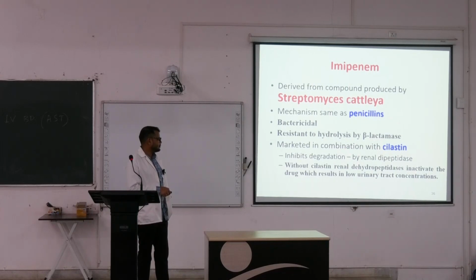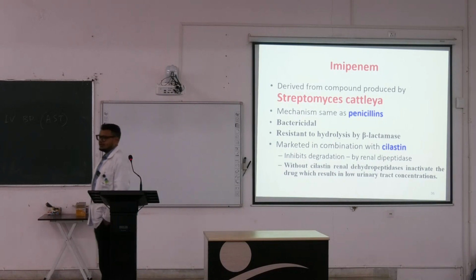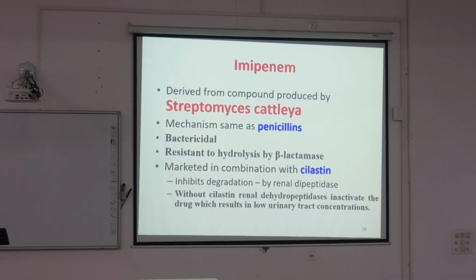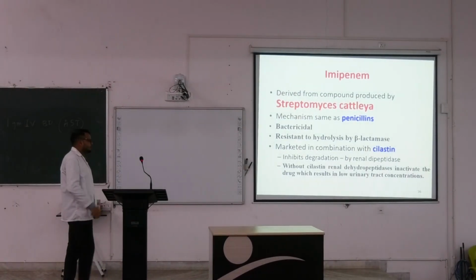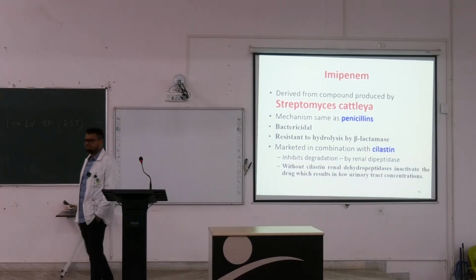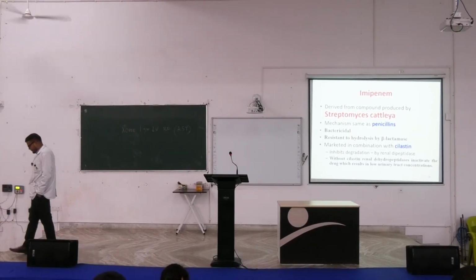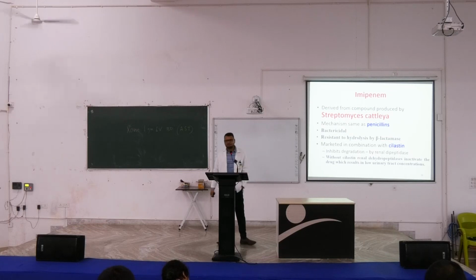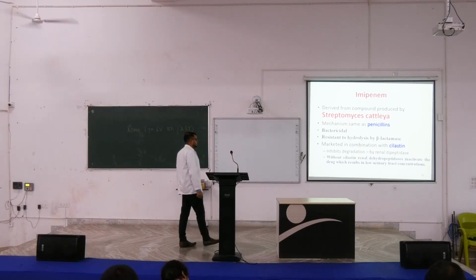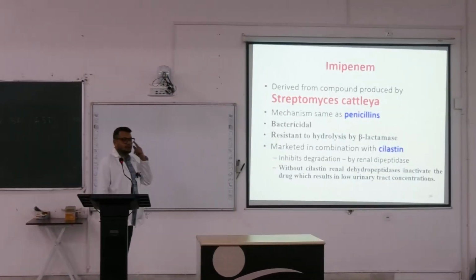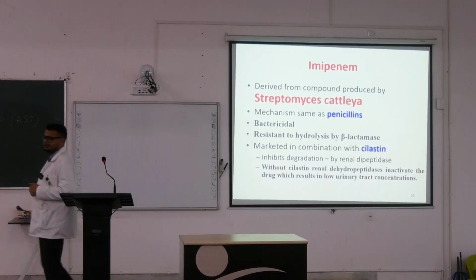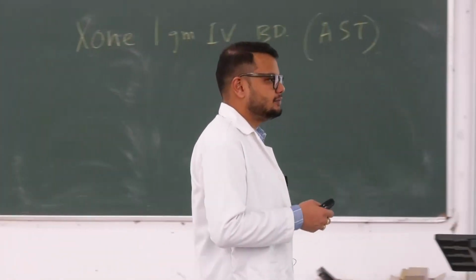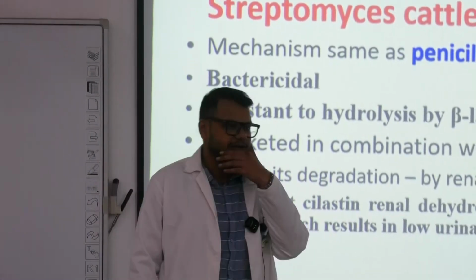dihydropeptidase, this is renal dihydropeptidase. Cilastatin inhibits the renal dihydropeptidase, which results in improved bacterial spectrum and improved concentration at the urinary tract.